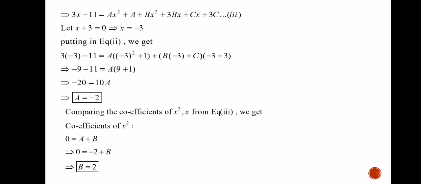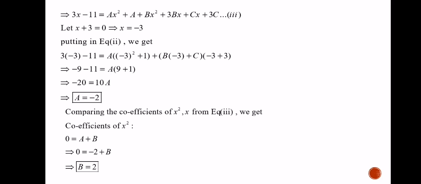Now we do not have any more linear factor to apply the zeros method to. So we cannot use the zeros method anymore, but we have to find the values of the remaining two unknowns, and we will use the comparison of coefficients method.